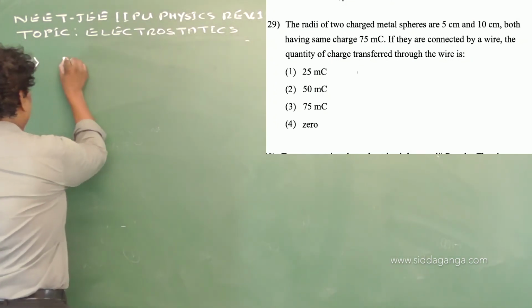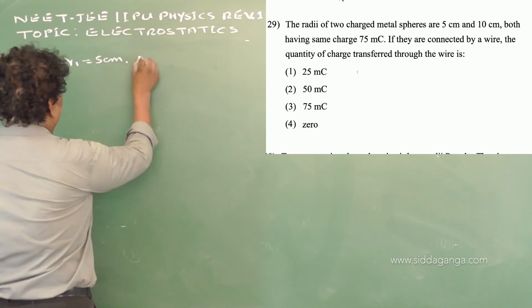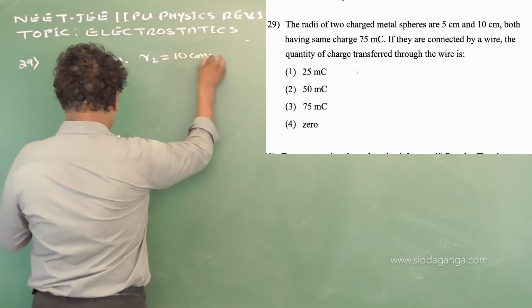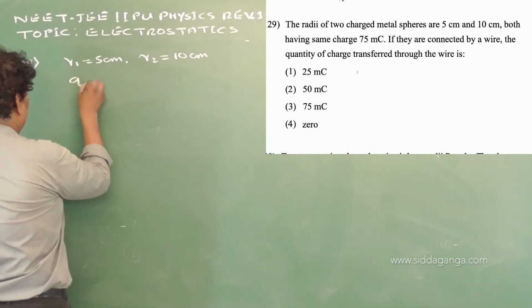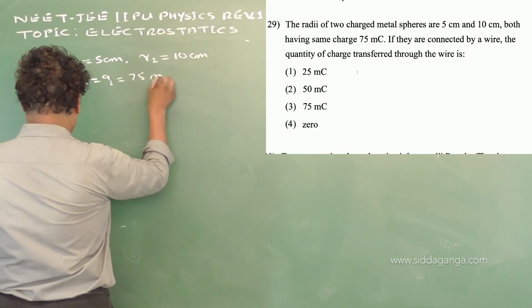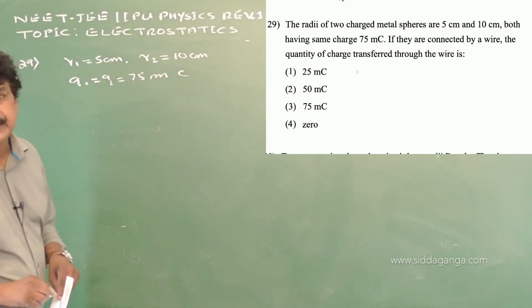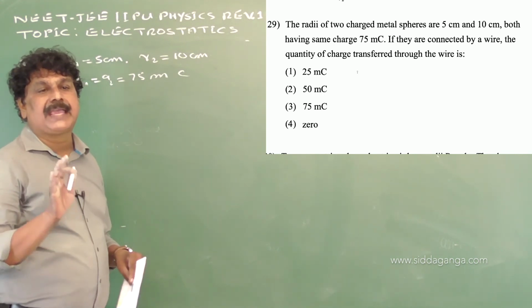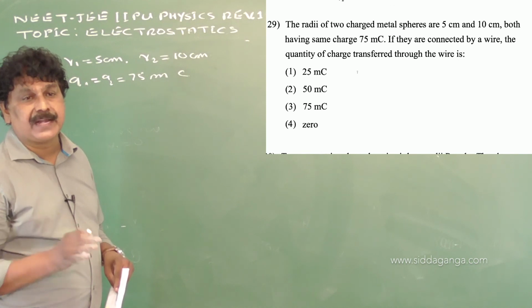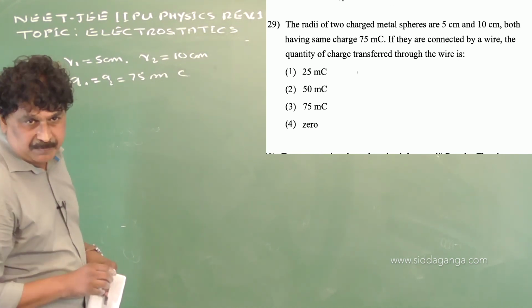We have given the radius of the first sphere R1 equal to 5 centimeter, radius of the second sphere R2 equal to 10 centimeter. Initially Q1 is equal to Q2 is equal to 75 millicoulomb. When the two spheres are connected by a wire, the charge will flow from one sphere to another until they acquire a common potential.